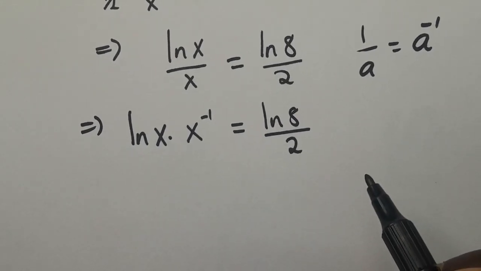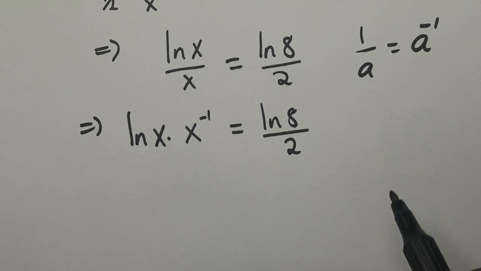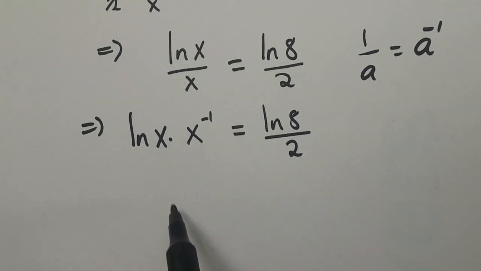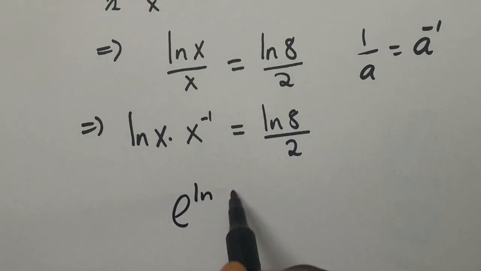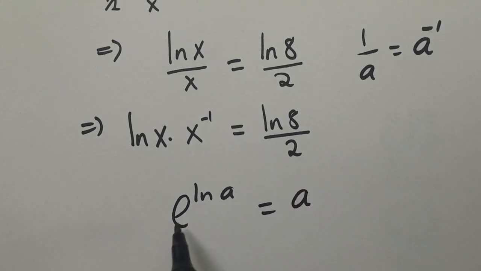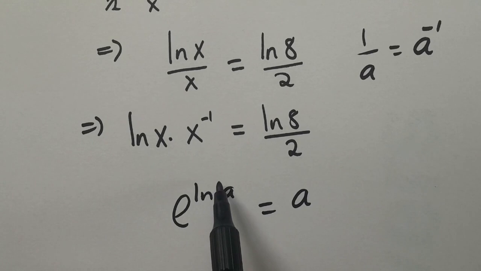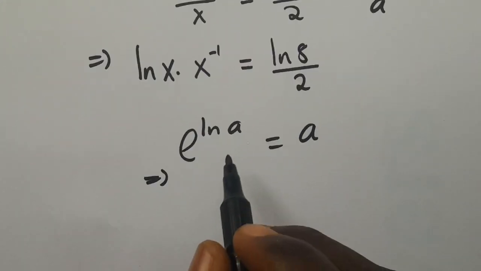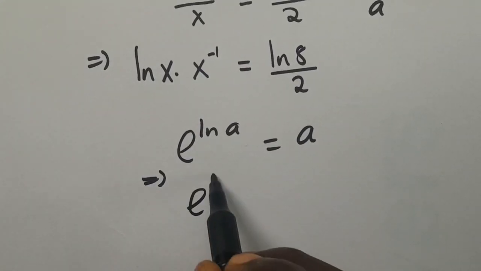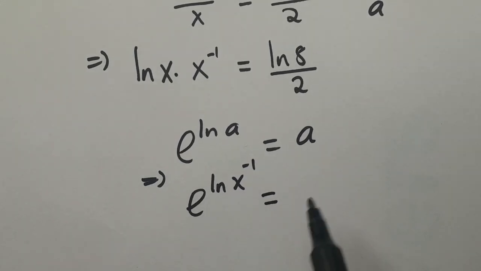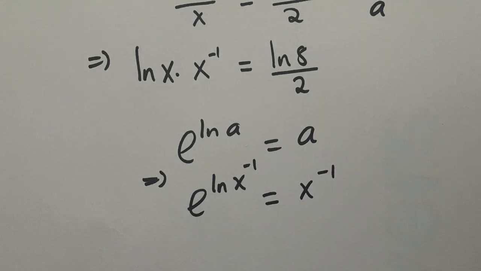Now guys, we have to know the relationship between exponents and natural log. When you have e to the power of ln of a, this will give you back your a. And the reason is that the exponent and natural log normally cancel each other, which implies that for this, when you have e to the power of ln of x to the power of minus 1, this will definitely give you back x to the power of minus 1.